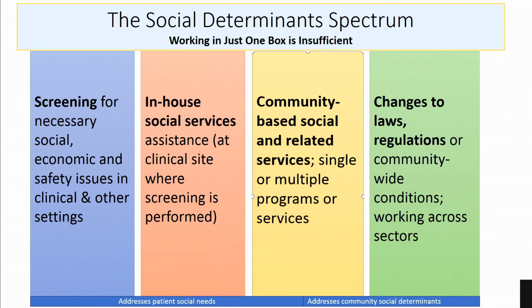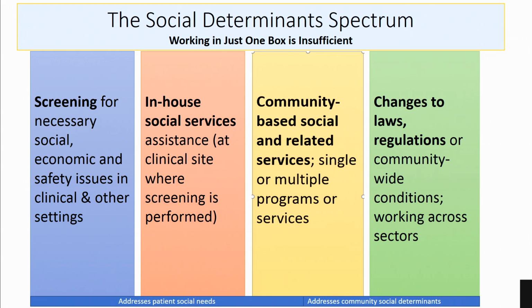So this is a representation of the notion that we have to work at multiple levels at the same time, but individual institutions, agencies, sectors may be focused more on one aspect of the work than the other. In this case, you see 4 columns.